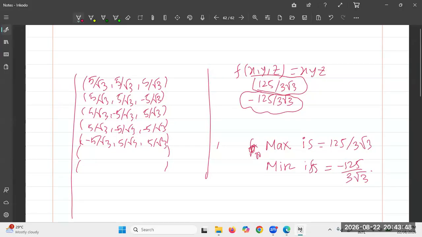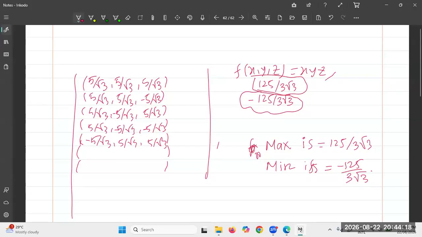So for any combination of the points, the maximum value we can find is 125 divided by 3 root 3, and the minimum value can be minus 125 divided by 3 root 3. So in this case we have 8 quantities, but two values are basically repeating, and the values are 125 divided by 3 root 3 and minus 125 divided by 3 root 3.